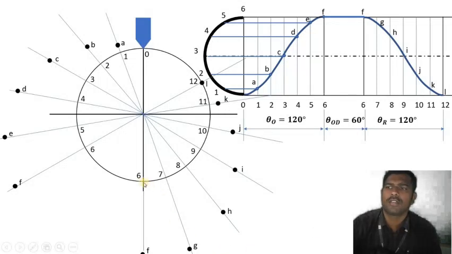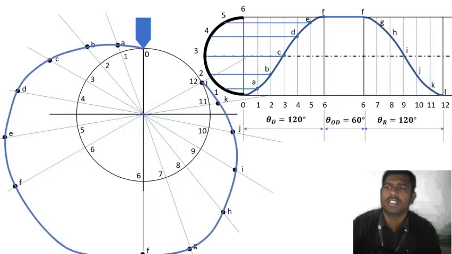Either you can start from 12 or else you can start from 6. The points are going to be connected, then the complete cam profile is going to be completed. Here we do not need any compass to connect all these points from A to F. You just need a pencil.